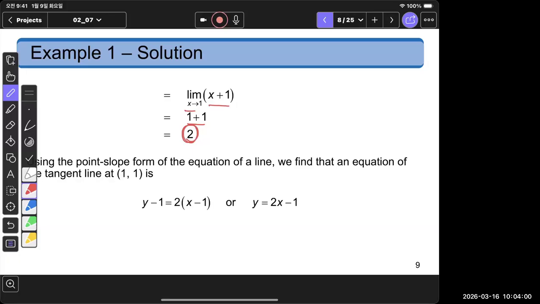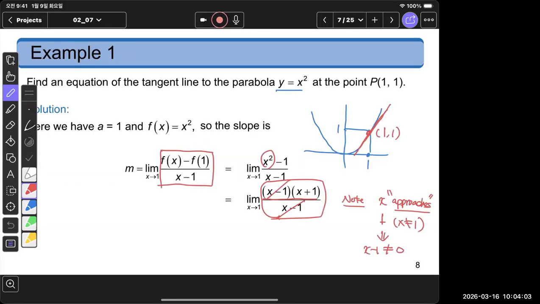Now, please remember, in the previous slide, when I just considered x squared minus 1 over x minus 1, that is a rational function. But I could not directly plug in the value 1 to this rational function because 1 is not in its domain: when I consider that point 1, the denominator x minus 1 hits 0, so the rational function is not defined.